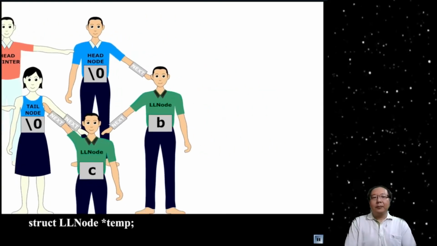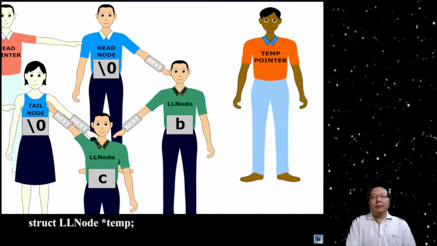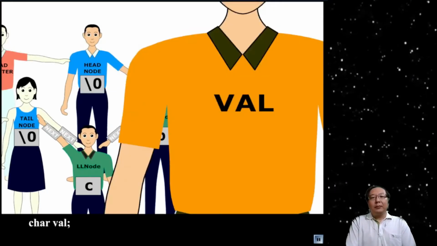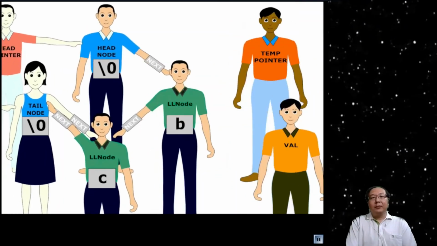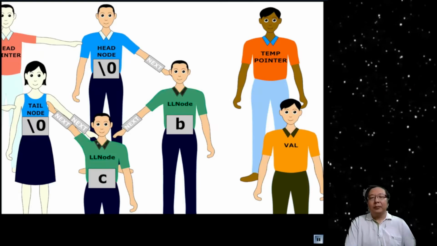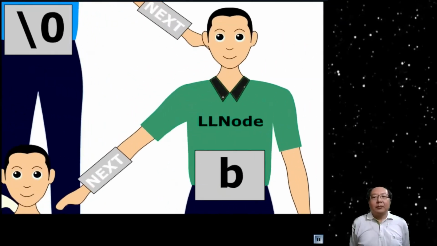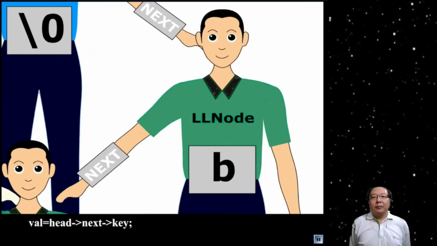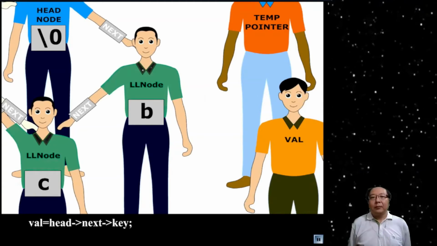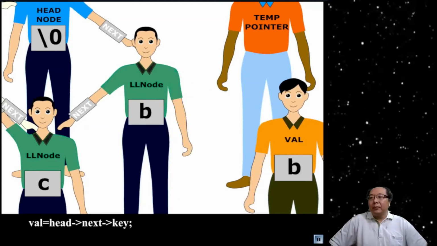We declare a temp pointer, where the temp pointer will be the pointer to the pop node. Here is the var. It will store the pop value. When the user asks for a pop, it takes the first node. So, this is the LL node with the B in it. We need to store the pop value. So, we follow head arrow next arrow key and put that value into var.